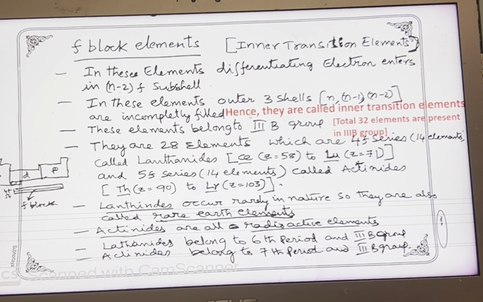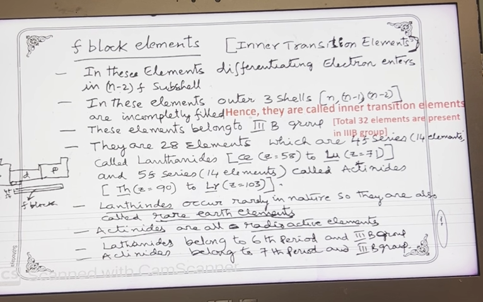The f block elements are also called inner transition elements. In these elements, the outer three subshells are incompletely filled. That means the ultimate shell, the nth shell, the n minus 1 shell, the penultimate shell, and the n minus 2 shell, the anti-penultimate shell, are incompletely filled.